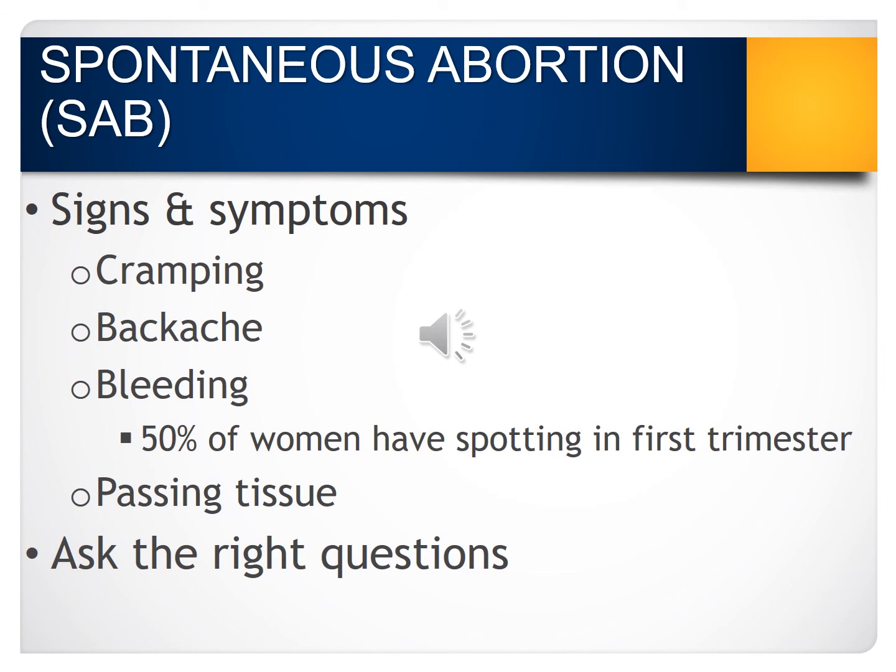For the most part, you're going to do the triage, and patients may complain of cramping, some backache, some bleeding, and it can range from spotting or noticing blood on the tissue when they wipe to bleeding that looks more like a light or heavy period. It may also, like I said, in complete abortion, they may say that they've passed what looks like tissue or a large blood clot.